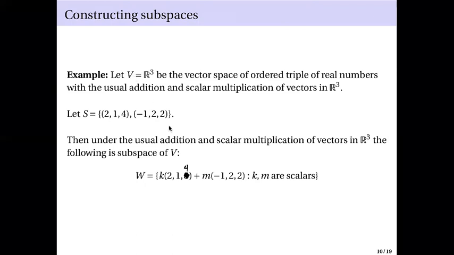So meaning all of these combinations. If we look at this graphically, we can think of (2, 1, 4) as a vector that looks like this, and then (-1, 2, 2) as another vector that looks like this.